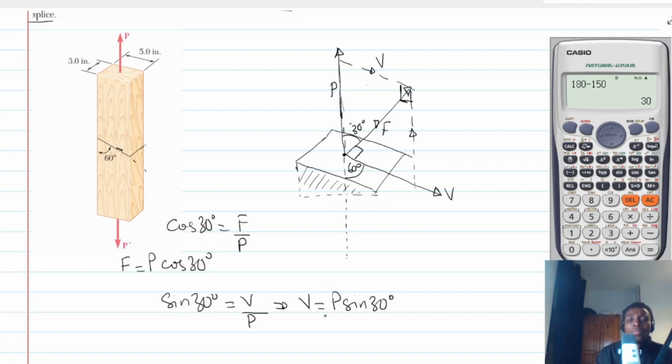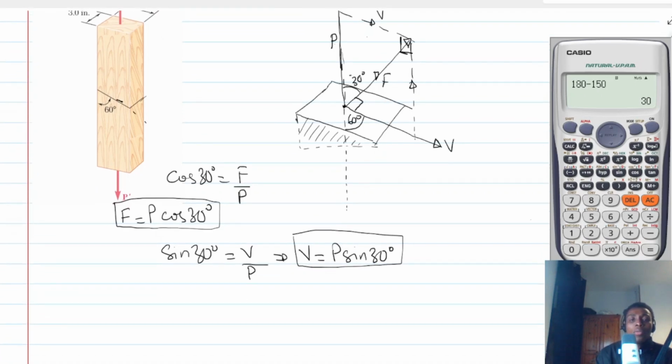All right. So now we know F, and then we know V. Okay. Now the stress, which is the normal stress, will be F divided by A theta.